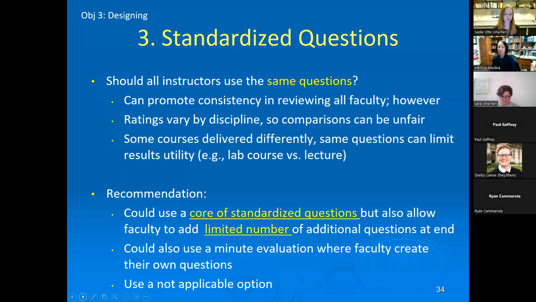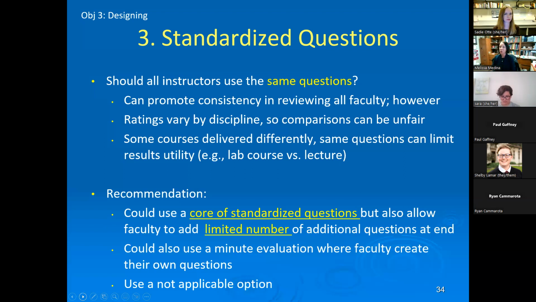So our recommendation would be certainly consider using a standardized list of questions, but limit that number and think about who your audience is. And if we have different departments, can we modify those evaluations?